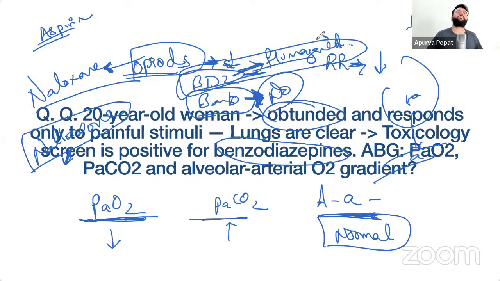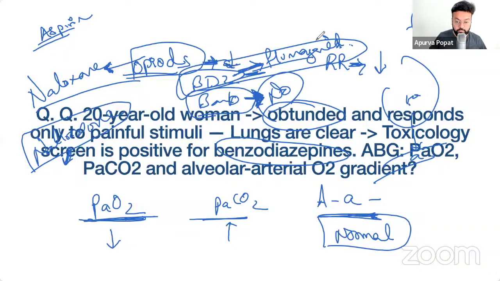Benzodiazepine withdrawal itself can cause seizures. If the patient has benzodiazepine intoxication and you block all the benzodiazepine receptors at the same time, it can precipitate seizures. That's why this drug is only for theoretical purposes. In real life, we barely give flumazenil for benzodiazepine overdose.